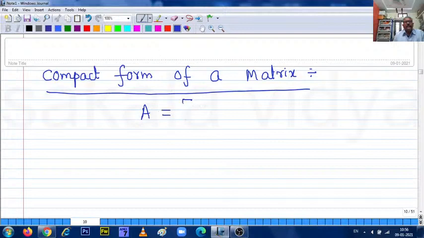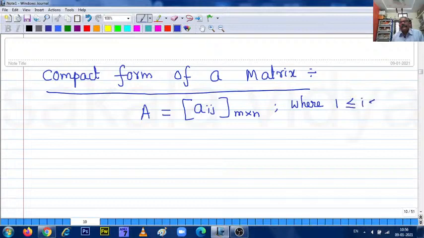It means A is equal to Aij, m by n, where we can define m and we can define n, where 1 is less than or equal to i less than or equal to m and 1 is less than or equal to j less than or equal to n. So instead of writing in a very lengthy, elaborate manner, you can write in a simple, concise manner. This is called the compact form of a matrix.